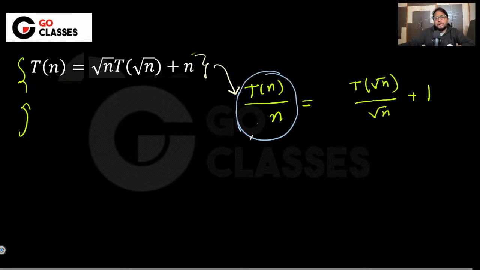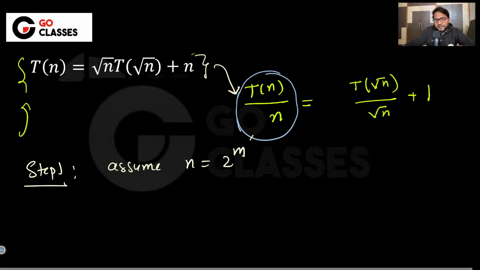Now what you can do, let's just have a step 1: assume n to be 2 power m. See, we will see this method step by step later on, but currently I am just telling you. This is 2 power m upon 2 power m equal to t of 2 power m by 2.